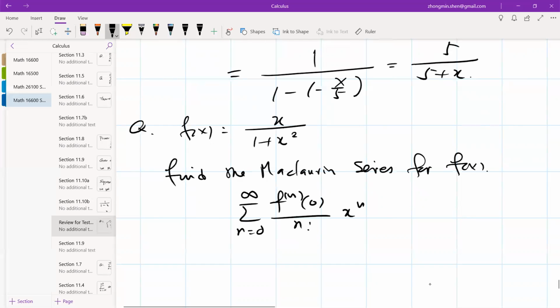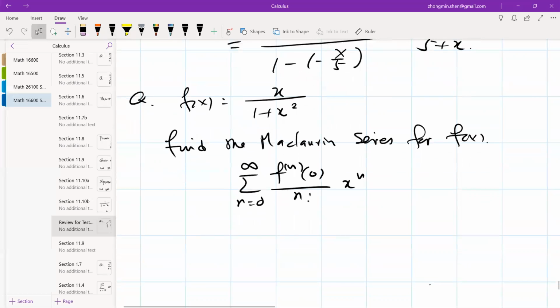So the best way is to use the already known result to find the power series representation for this function. Then that power series representation must be the Maclaurin series. Okay. But it's easier to find the power series representation. So here's the theorem.